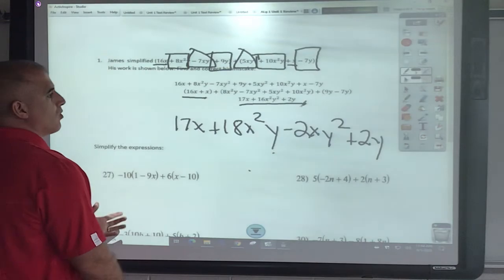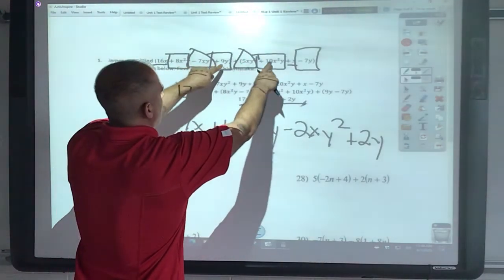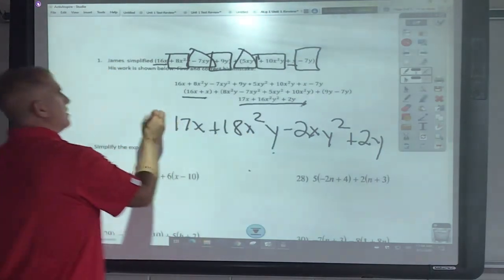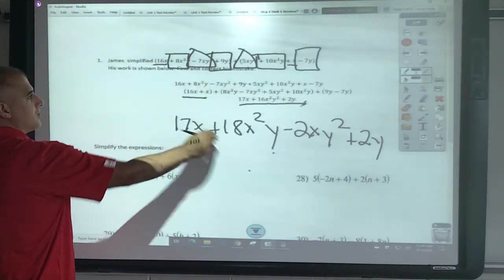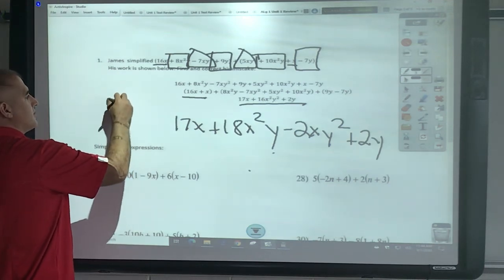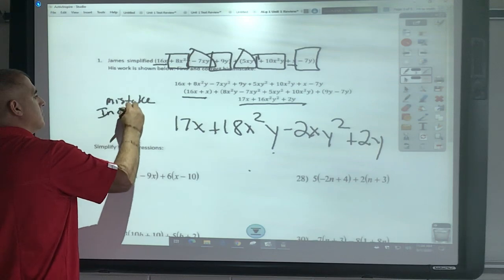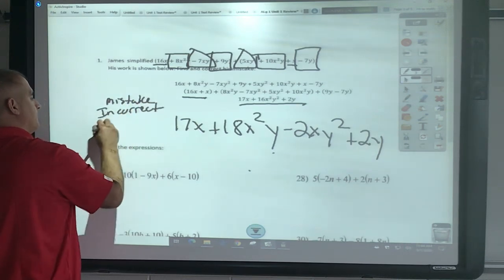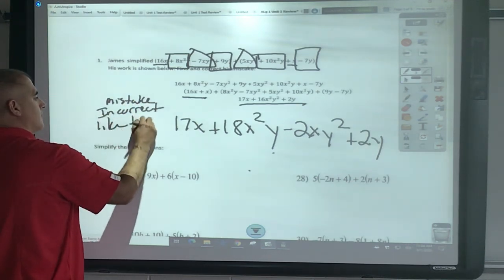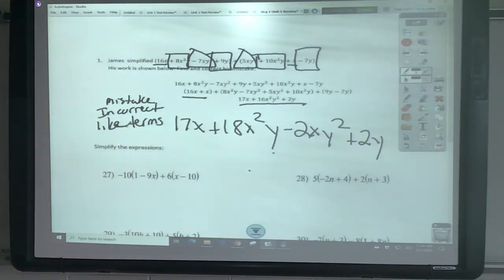What did he do wrong? He treated these all as the same. They're not. So this is the correct answer. The mistake was incorrect like terms. That was the mistake that he made.